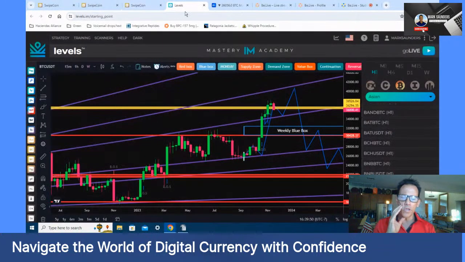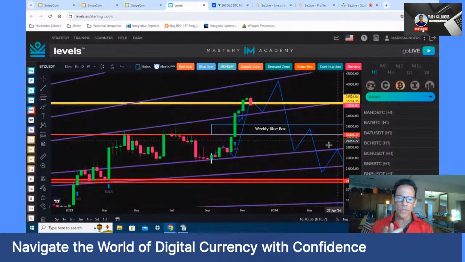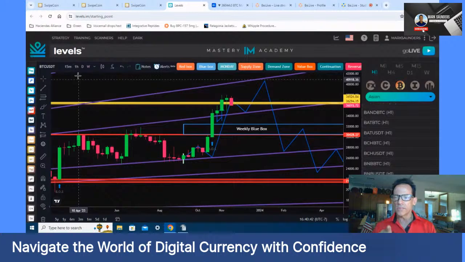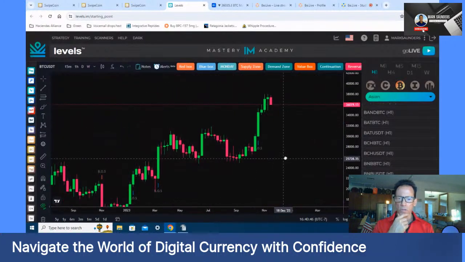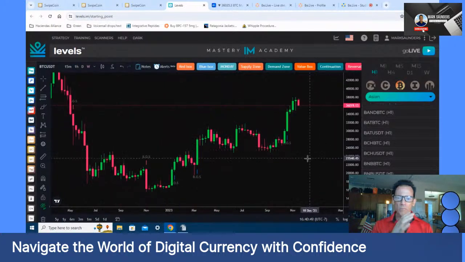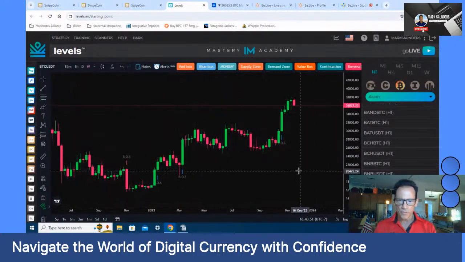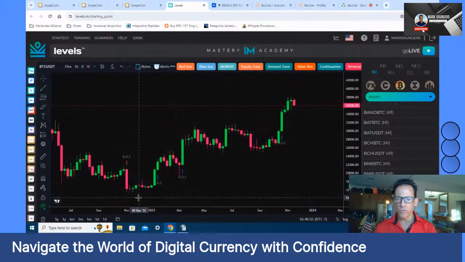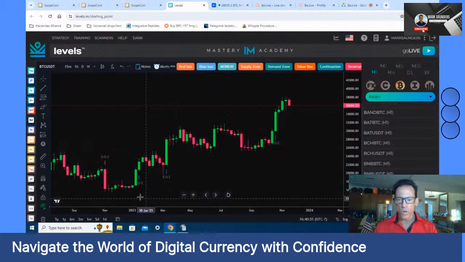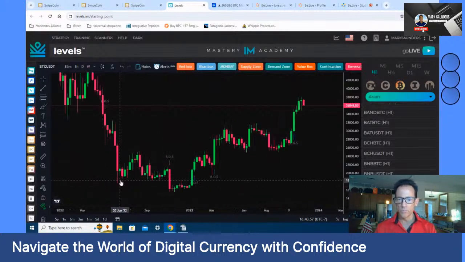Well, we can go over here and look at this. This is another system called Levels by the IM Academy, on the weekly viewpoint. This is Bitcoin on the weekly viewpoint without any indicators. You can see since November it's done a lot.